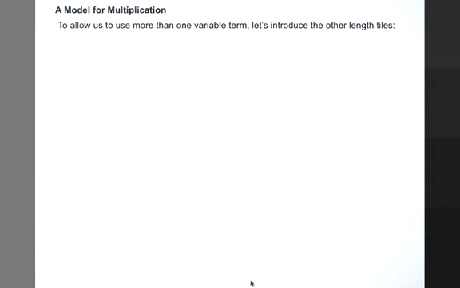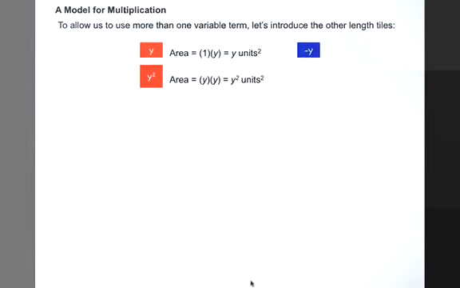To allow us to use more than one variable term, let's introduce the other length tiles. We have y's, where the area is equal to 1 times y, which equals y units squared. We have y squared, which is y times y, which equals y squared units squared. We have negative y and negative y squared.